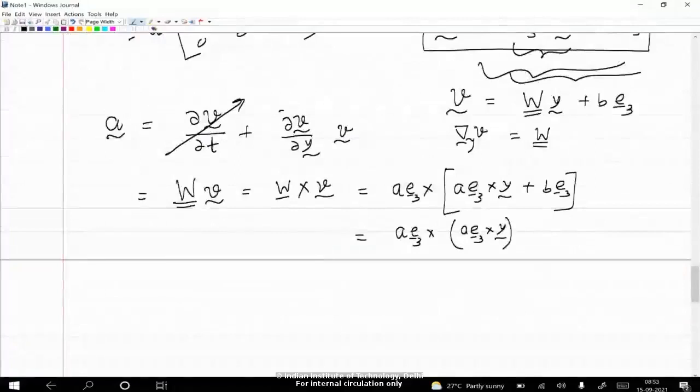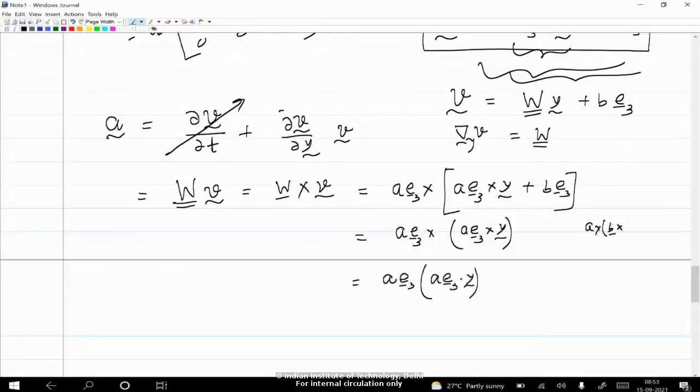And then you have to use the formula of a cross b cross c. Remember this formula, a cross b cross c equals b times a dot c minus c times a dot b, back minus cab.